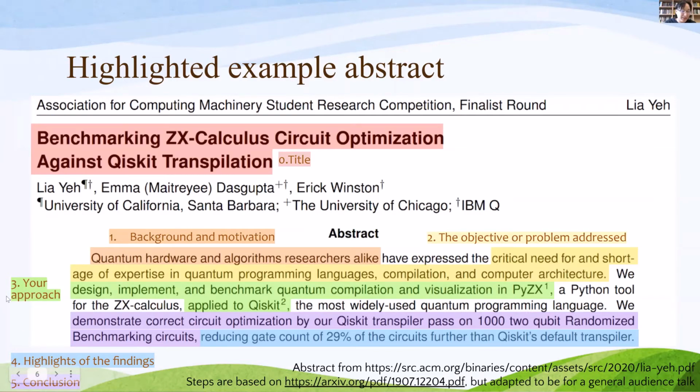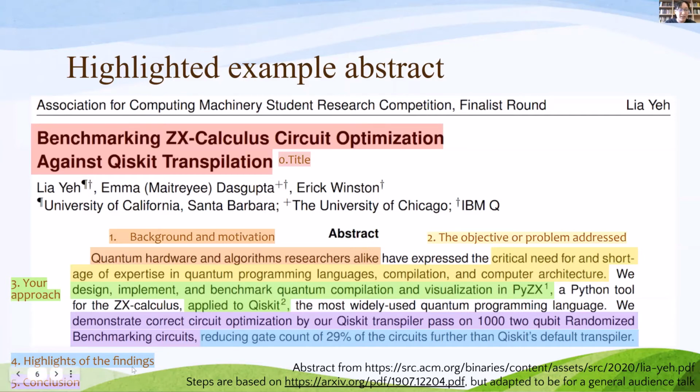Step 3, in green, is that the approach to this problem was to design, implement, and benchmark quantum compilation and visualization in physics, which is a Python tool for the ZX calculus that my research group works on. Or at the time it wasn't a research group, but now it is. And apply it to Qiskit, the most widely used quantum programming language, as a transpiler pass.